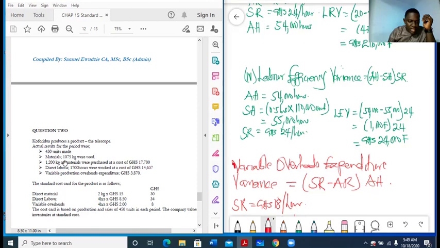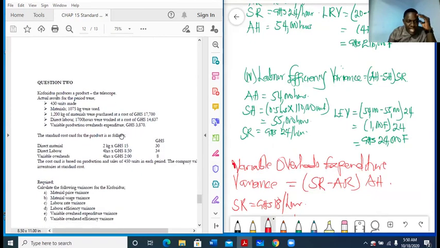Materials: 1,075 kg were used. Then 1,200 kg of materials were purchased at a cost of 17,700. Direct labor: 1,700 hours were worked at a cost of 14,637. Variable production overheads expenditure was 3,870.